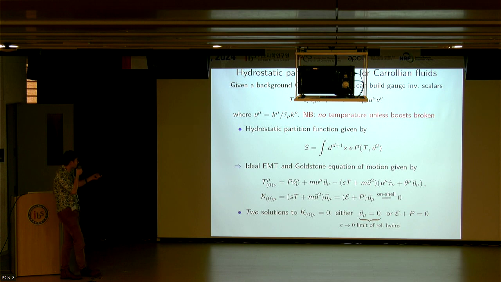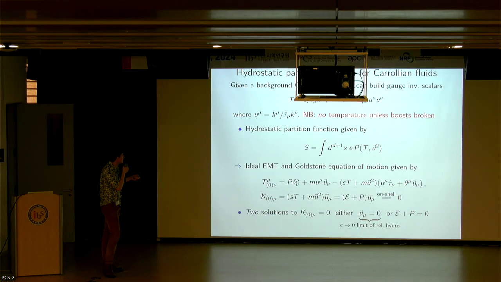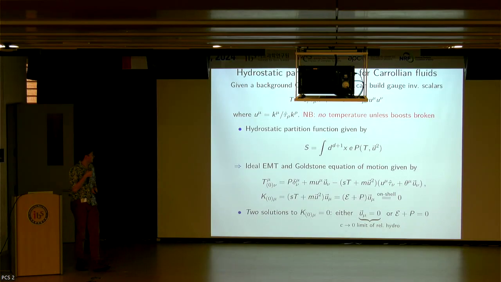You construct the temperature and this velocity squared. Let me again highlight the fact that unless the boosts are broken, there is no way to construct a temperature, because tau transforms under Carrollian boosts. So just doing this, we find that the energy momentum tensor takes this form, where I remind you that this tau hides a Goldstone.